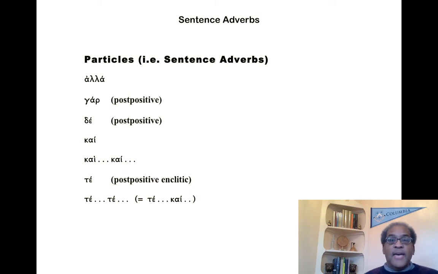Okay. The next is de, and de is probably the most commonly used particle, and it can mean and, it can mean but, it can even mean so, and it's used mainly just to continue the narrative.